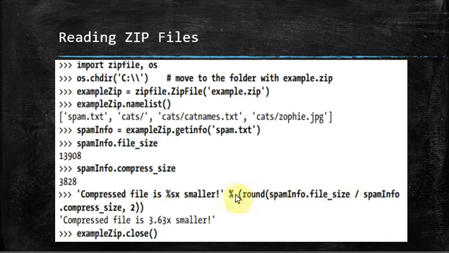So what are we doing here? We are going to print, you can see, compressed file is 3.63x smaller. That is the value of your %s. How are you going to get the value of %s? The original file size divided by the compressed file size. So that is an example for reading a zip file.